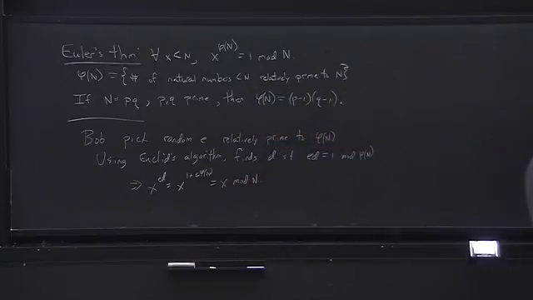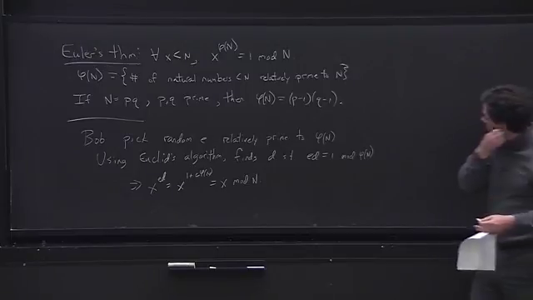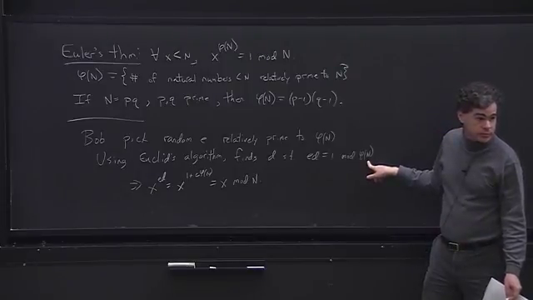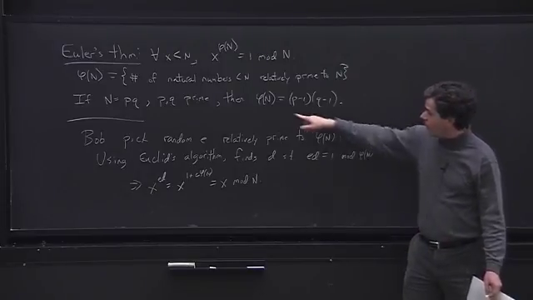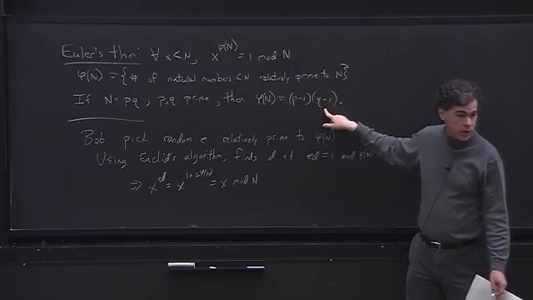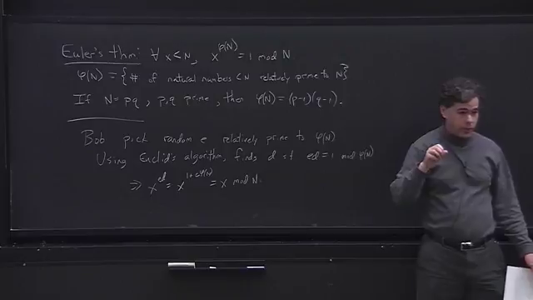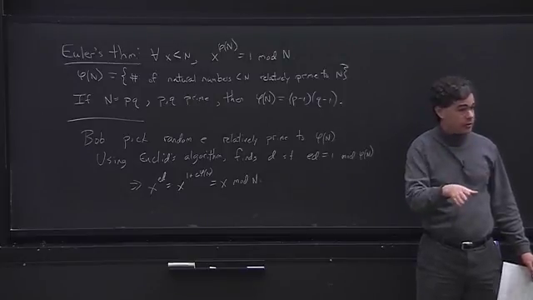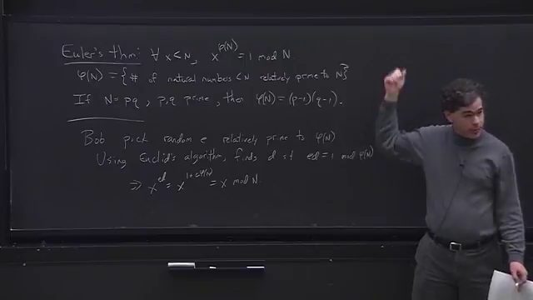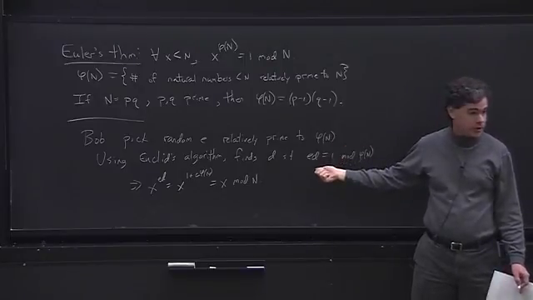But to do this, you need to know what phi of n is, and to know that, you should know the prime factorization of n. That's why if Eve can factor n, she can run this whole process herself, and based on the public key, she can figure out the private key D.